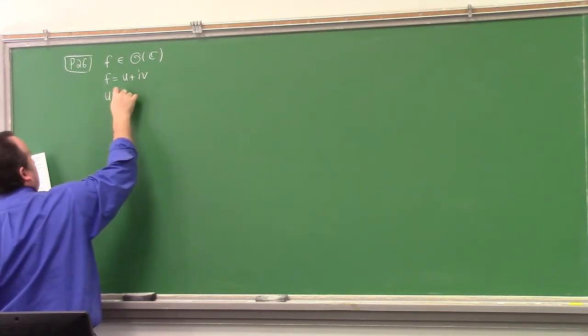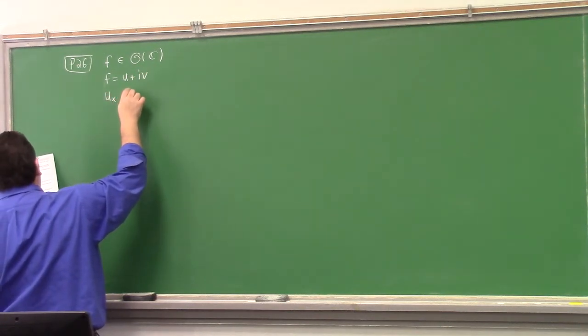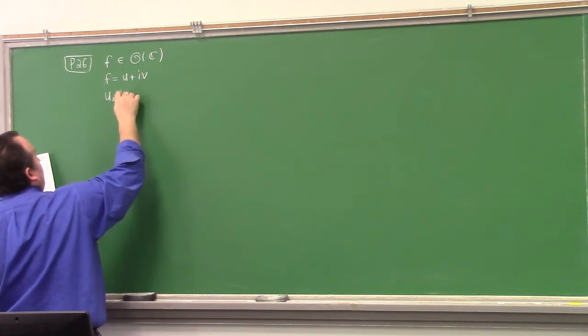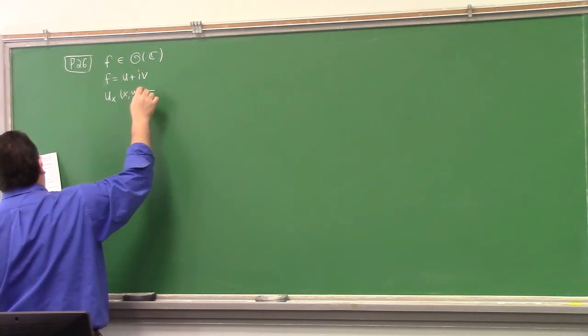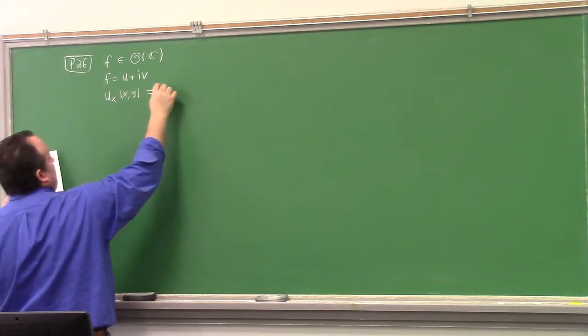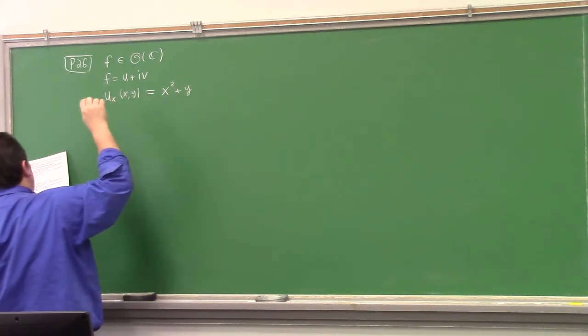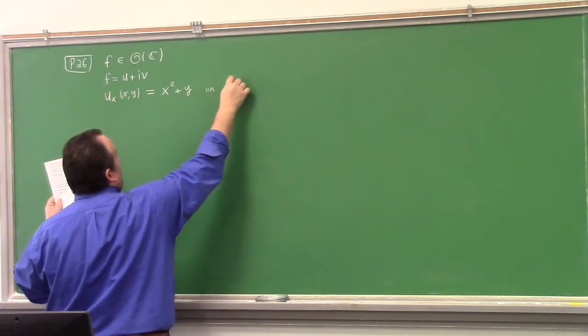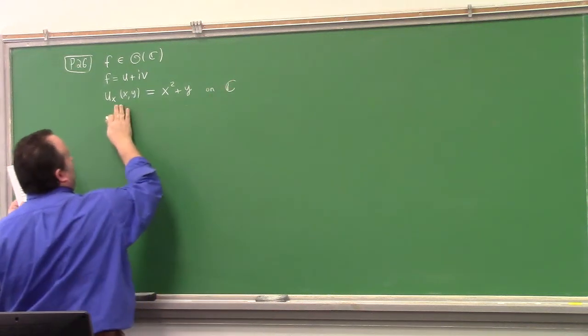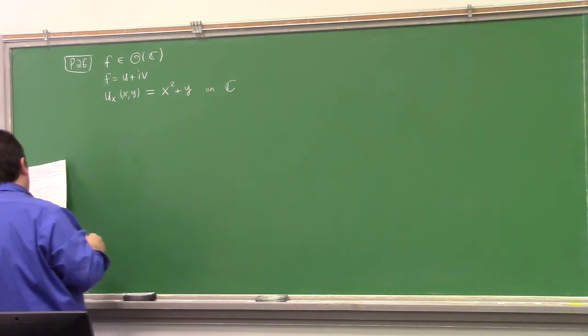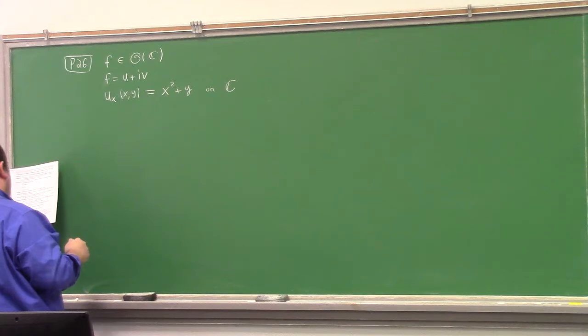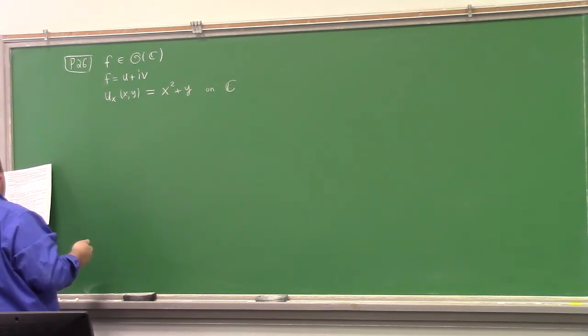We're given ux equal to x squared plus y on C. So of course, you could also write this just ux equals that if you want. Okay, so is this possible? If so, find all f of z for which this partial derivative is given.